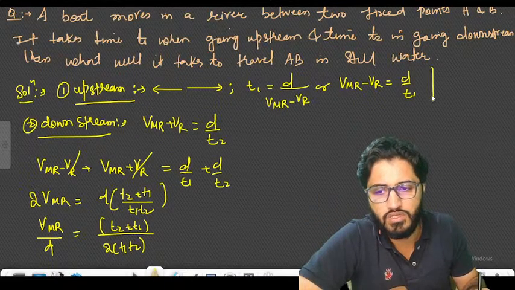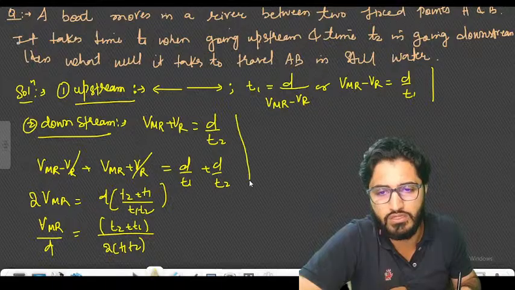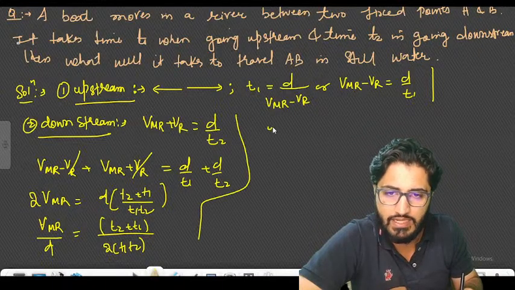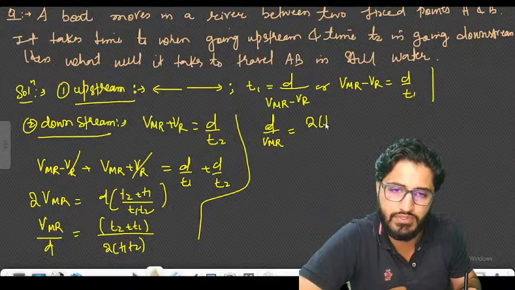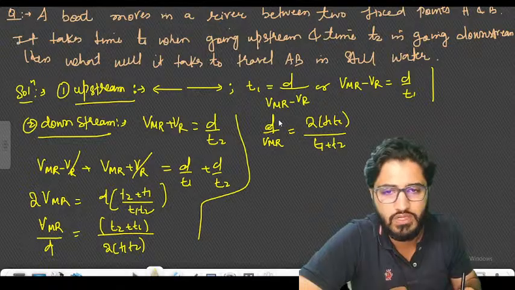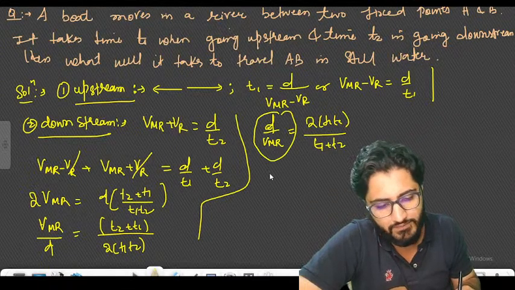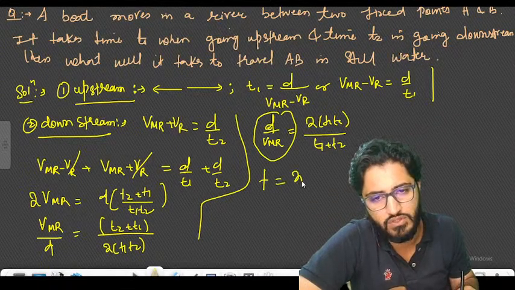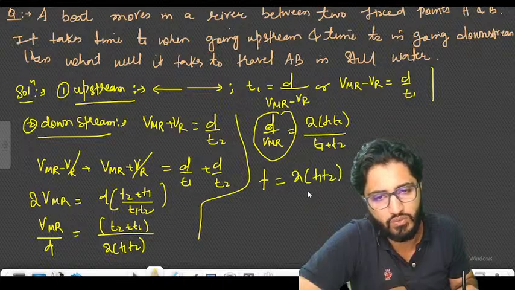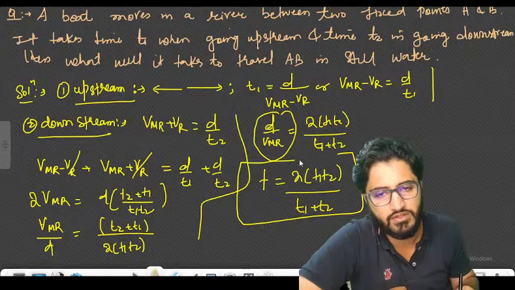If I reciprocal the whole thing, I will get D divided by VMR equals 2 times T1 T2 divided by T1 plus T2. D divided by VMR is T. So T equals 2 times T1 T2 divided by T1 plus T2. This is the time.